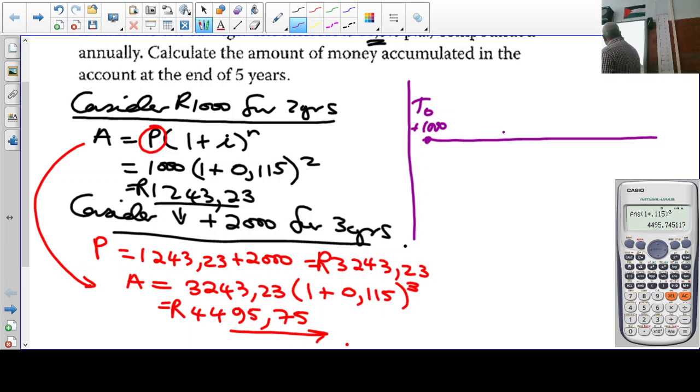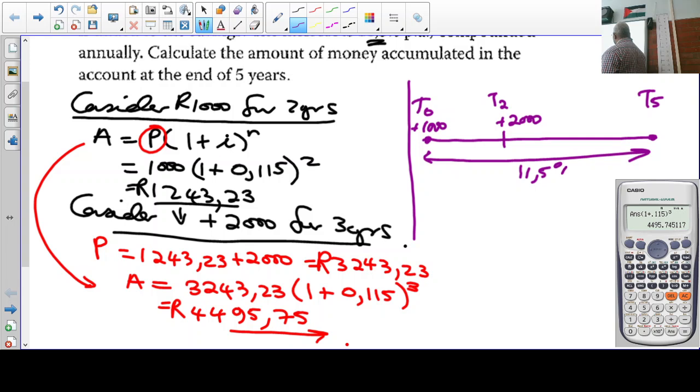2 years later, what happens? They add another 2,000 rand. Can you see that? They want to know how much is in the account at the end of 5 years. So the interest rate is standard at 11.5% per annum compounded yearly.